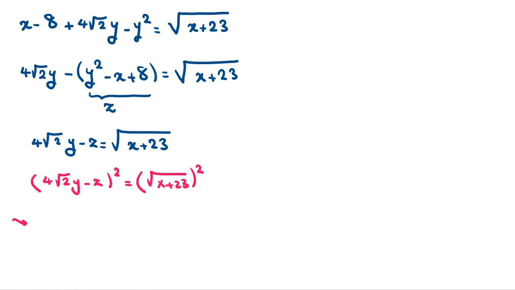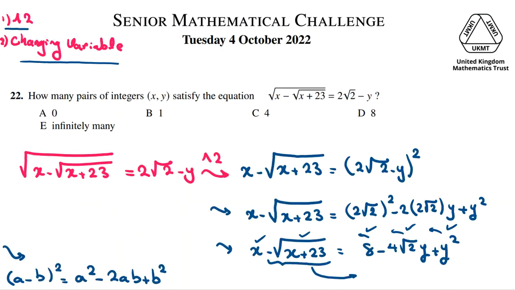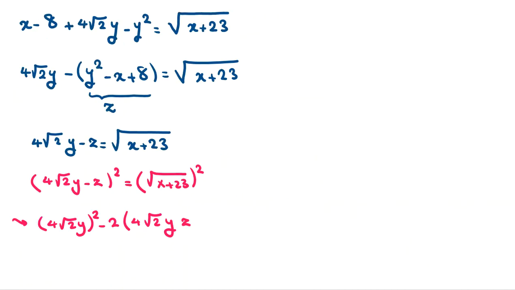So I can write (4 root 2 y) squared minus 2 times 4 root 2 y z, and pay attention, x and y were integers, so this part that we've considered separately is also an integer. So we know y is an integer, z is an integer, x is an integer.